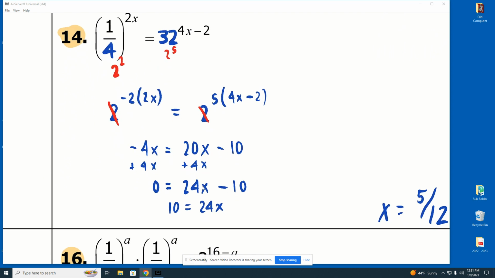And 10 divided by 24 as a fraction or as a decimal is not beautiful. It's like 0.416 repeating. If you went that route, please don't round to tenths. If it's not a really, really pretty rounding number, let's go to at least 2 decimals.